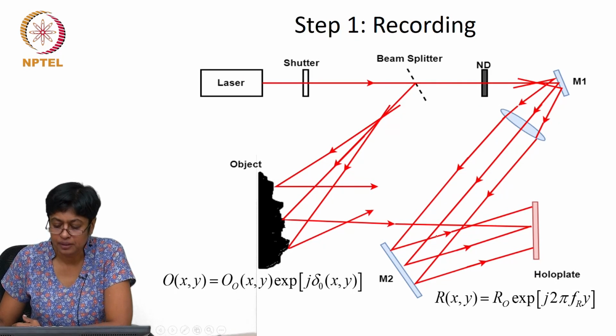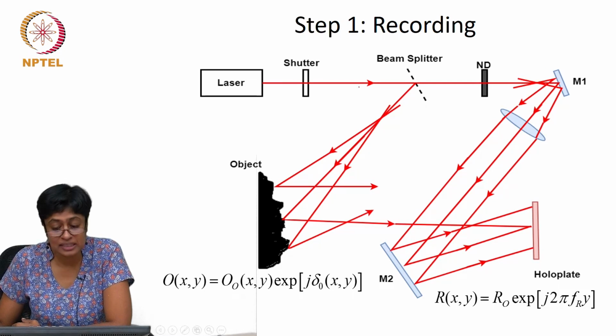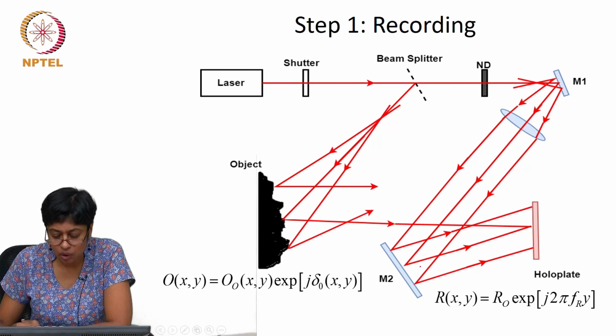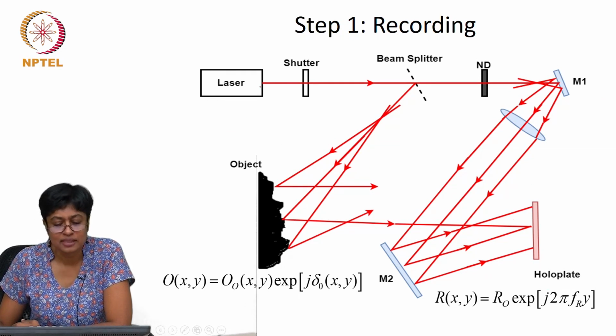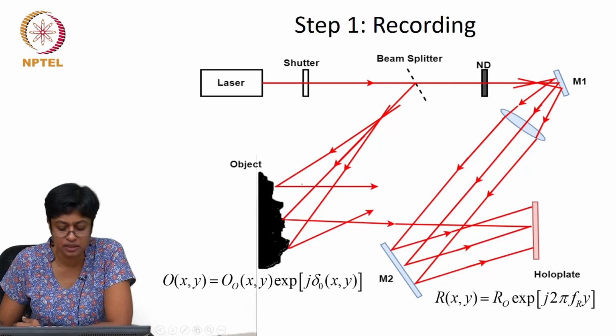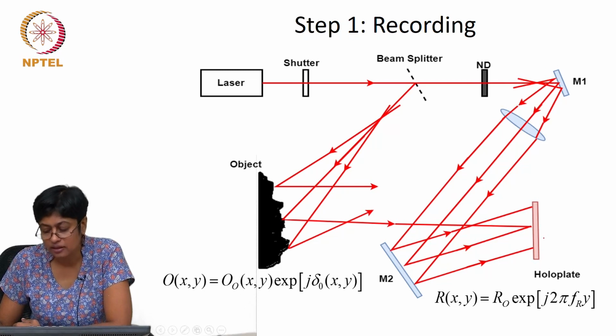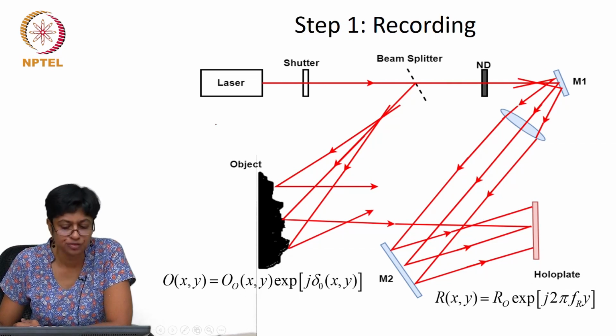One beam acts as the reference, it carries no information. All it does is travel a certain optical path length and arrive at this plane. The second beam goes to the object, reflects off it, carries the information I'm interested in, and that scattered light arrives at the same plane.